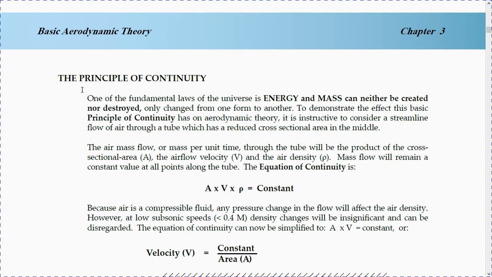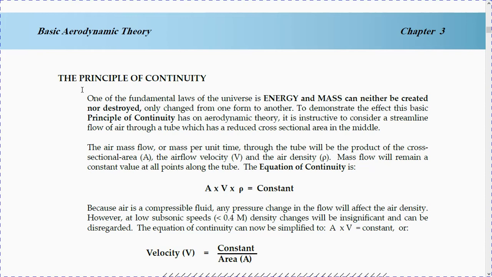it is instructive to consider a streamlined flow of air through a tube which has a reduced cross-sectional area in the middle, so reduced space. The air mass flow, or mass per unit time, so kilograms per second, for example, through the tube will be the product of the cross-sectional area, which is represented by the letter A, the airflow velocity, V, and the air density, rho.